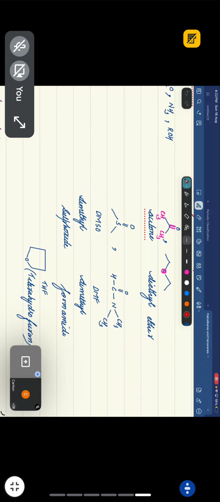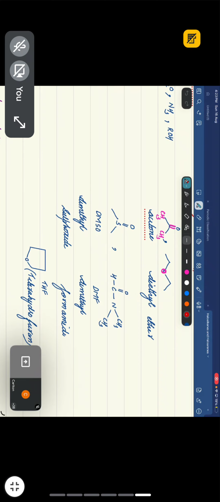This comes under which category? Polar aprotic. Acetone, diethyl ether, that's an oxygen in the center. DMSO, DMF, and THF. What is THF?